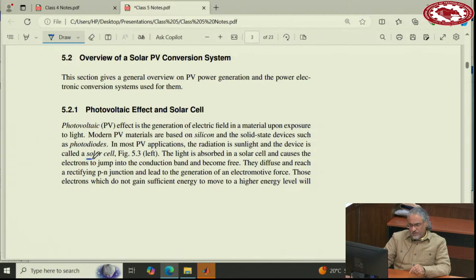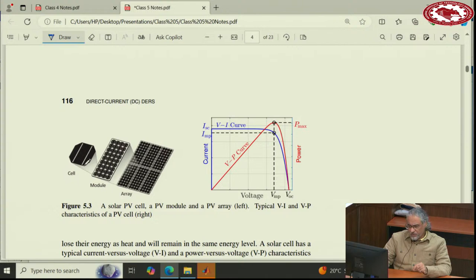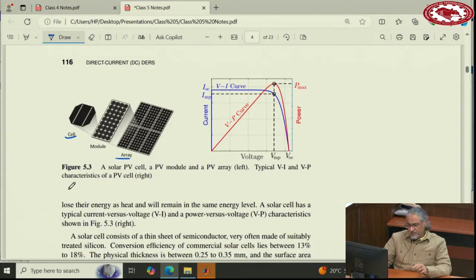Solar cells are really the core building blocks that generate solar energy. So these are typically this type of thing. The small solar cell here, and then you put solar cells together and generate a module, and then put the modules together and you can generate an array of solar cells.